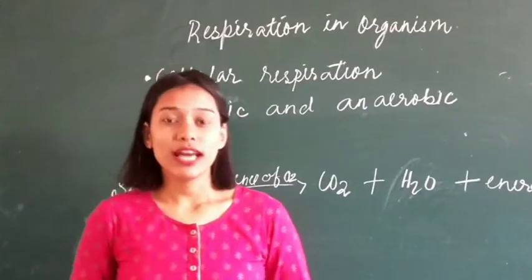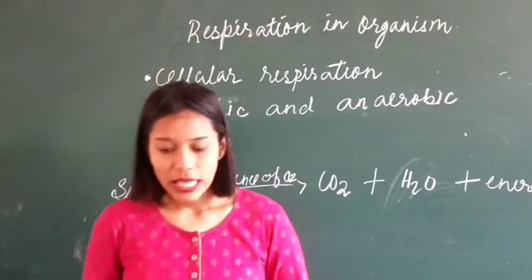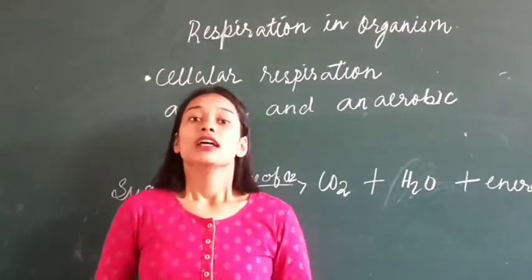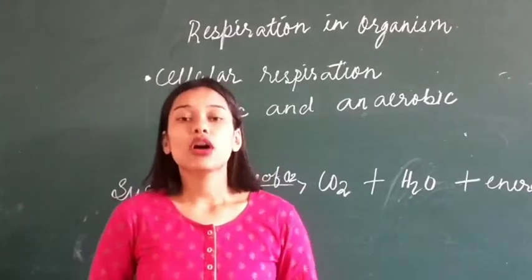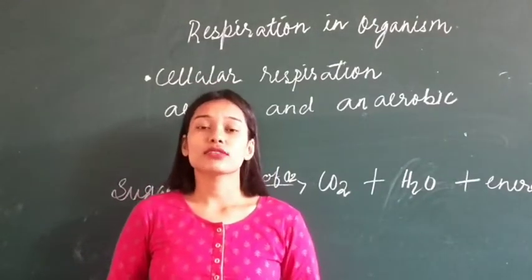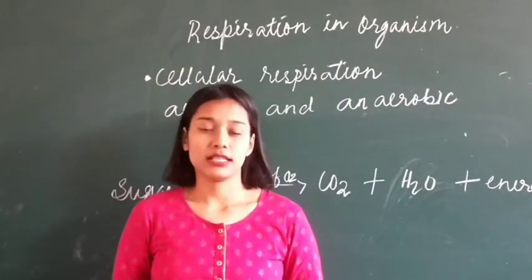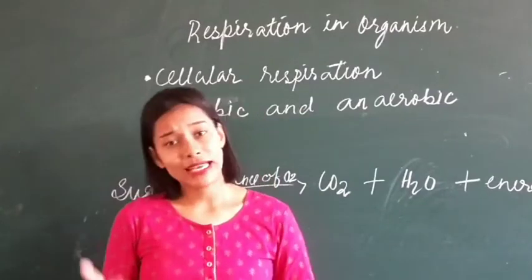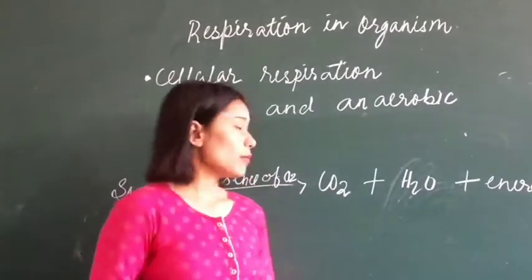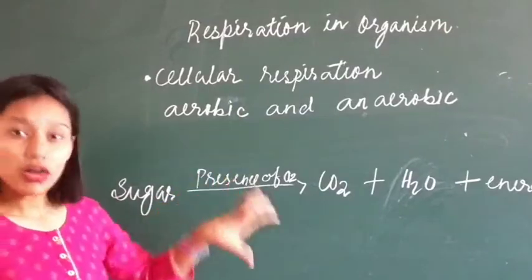Aerobic respiration. The process of respiration that occurs in the presence of oxygen is called aerobic respiration. It usually occurs in human beings and animals. Here, oxygen is required for oxidation.